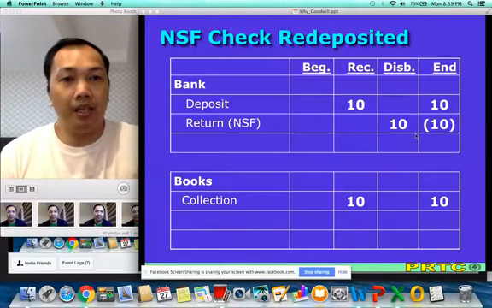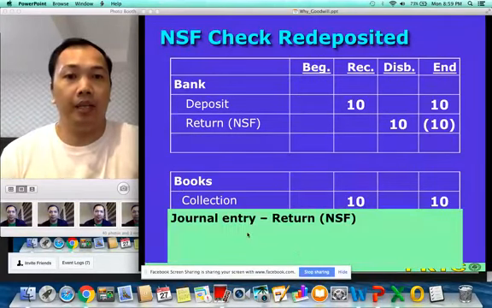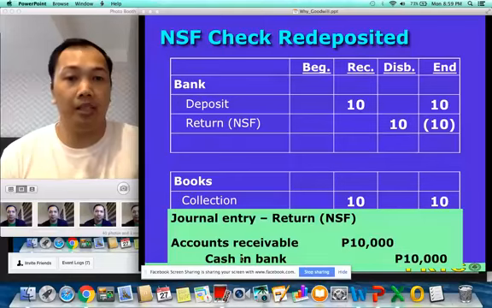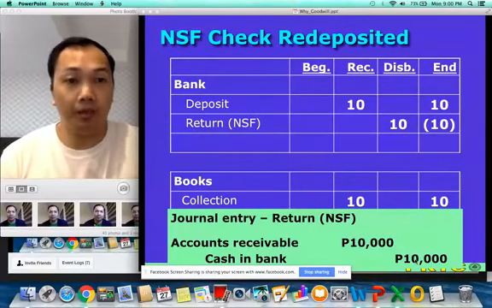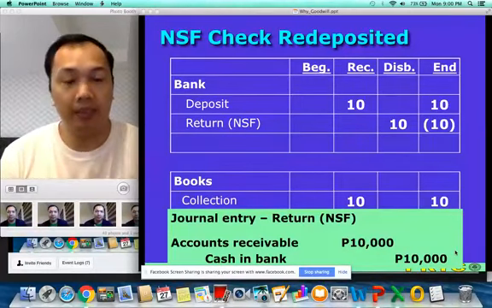Kaya kung hindi siya nare-deposit, saan ang adjustment? Books. At ano magiging adjusting entry? To record the return: debit accounts receivable, credit cash in bank. So add natin yan to book disbursement, then deduct from ending.